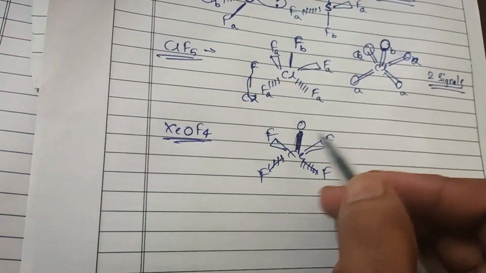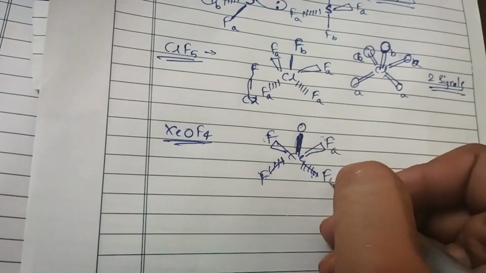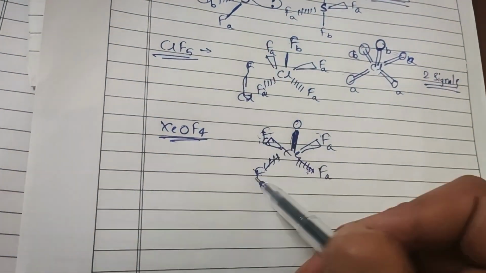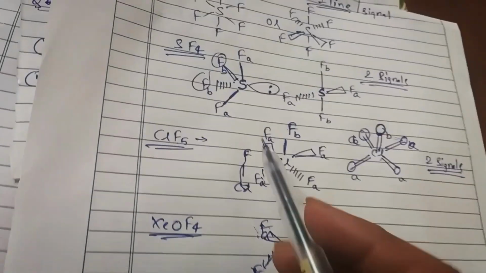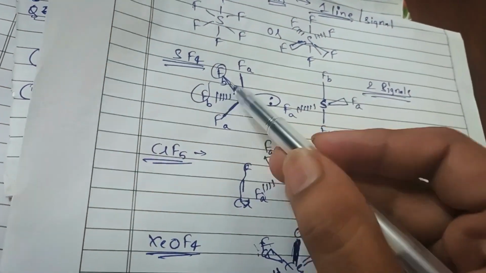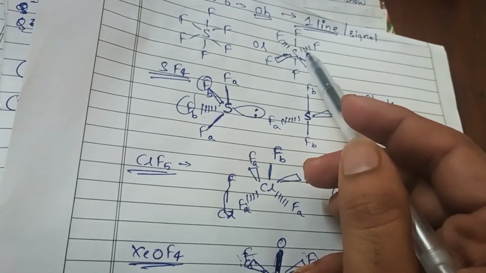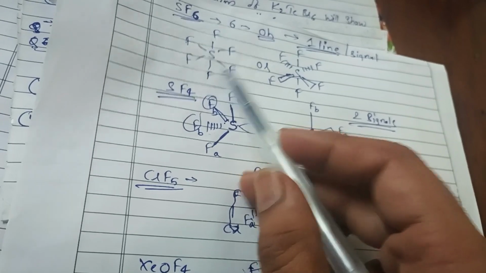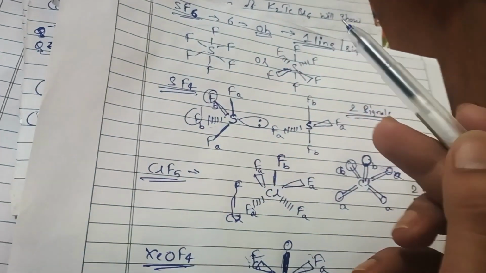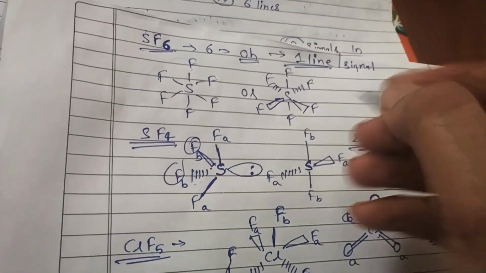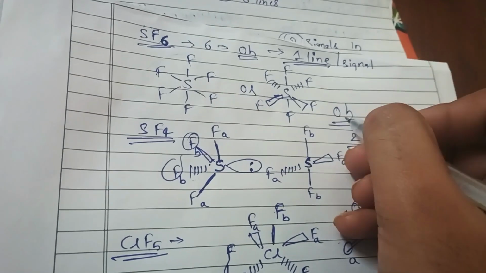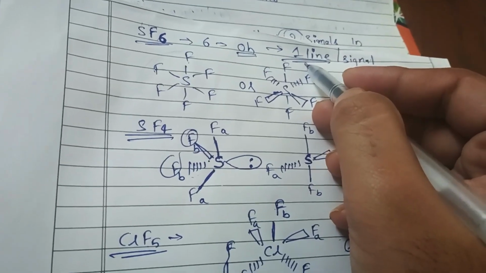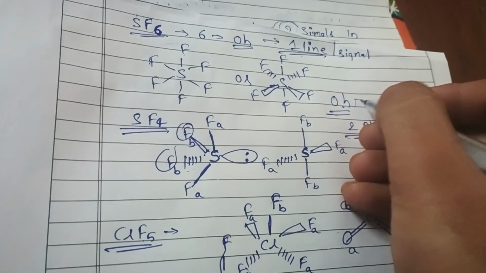Hence they all show equivalent fluorines. Here also these are equivalent. Since octahedral is a highly symmetrical moiety, if they have given any octahedral shape or any octahedral molecule, you have to name it as only one signal, since it is highly symmetrical.